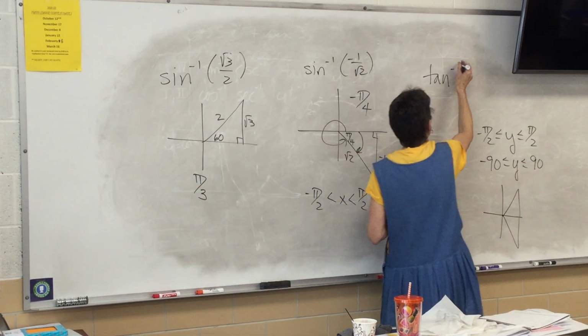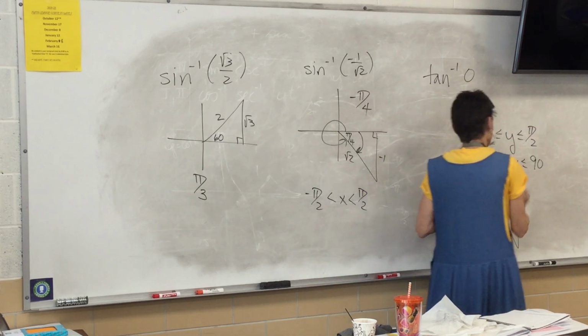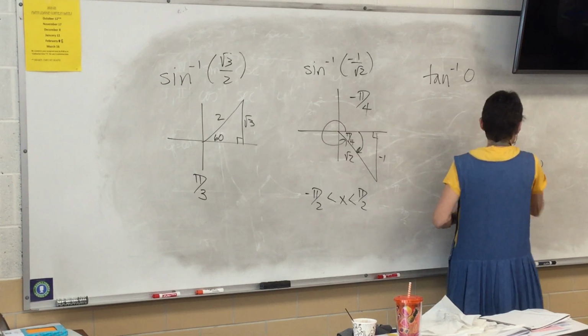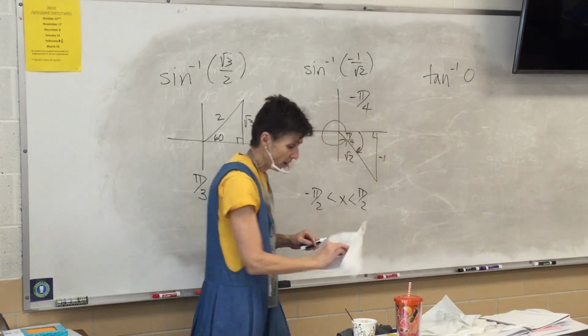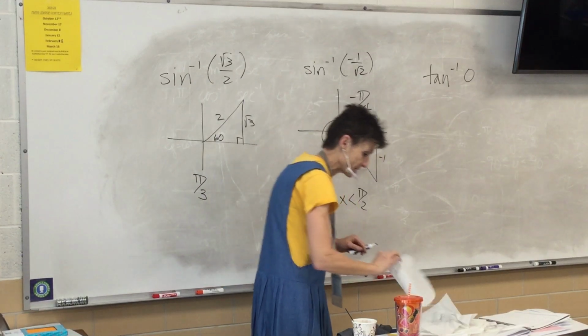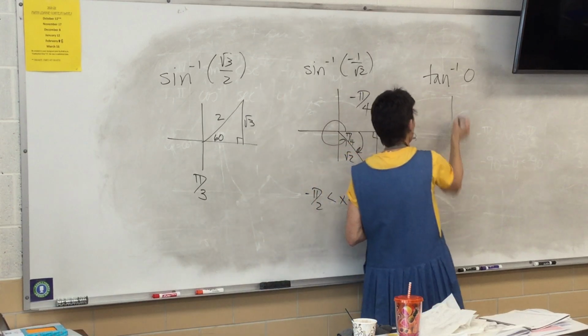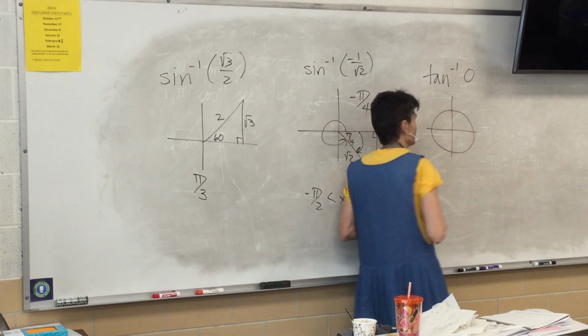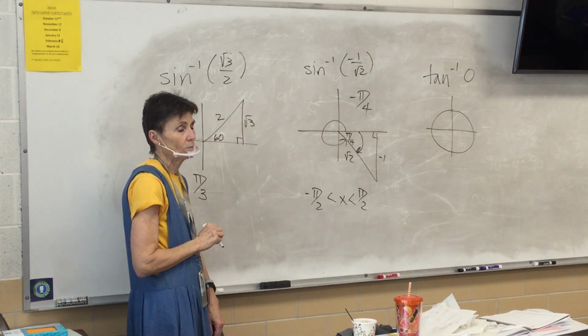Uh-oh. This is a 0. Can I draw a triangle with a side of 0? No. So therefore, I must look at the circle. The unit circle.